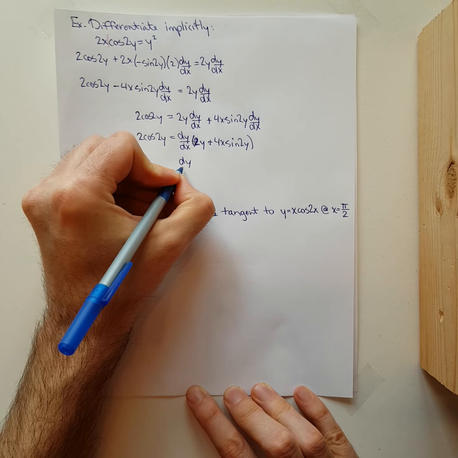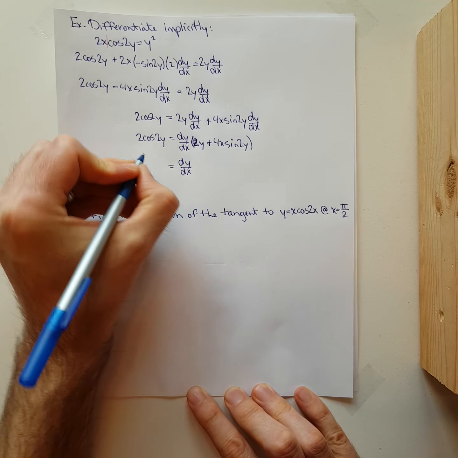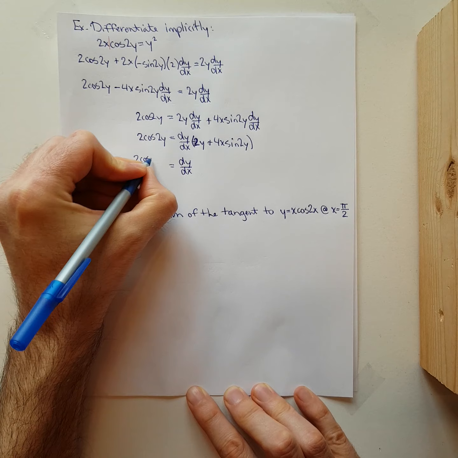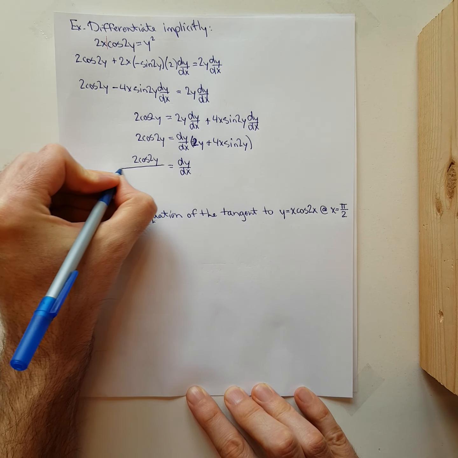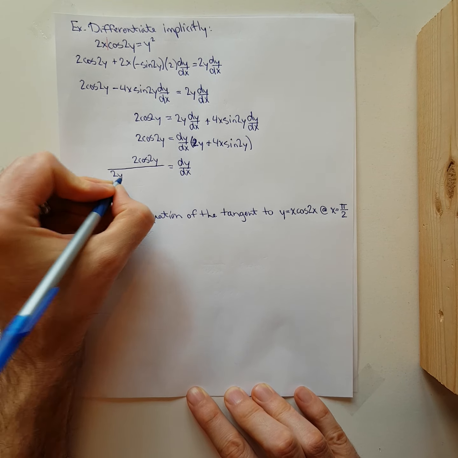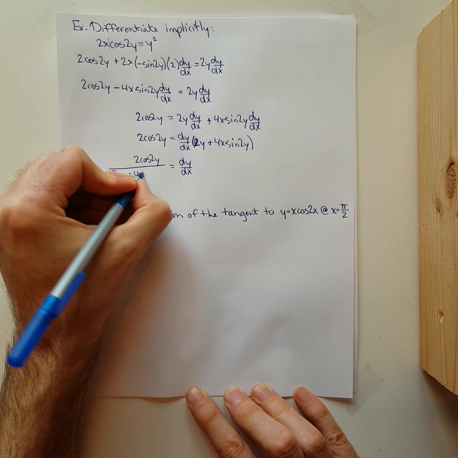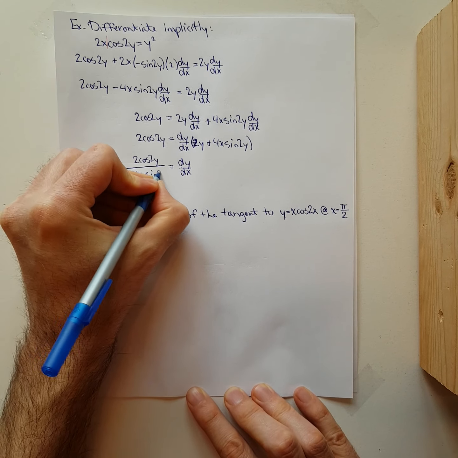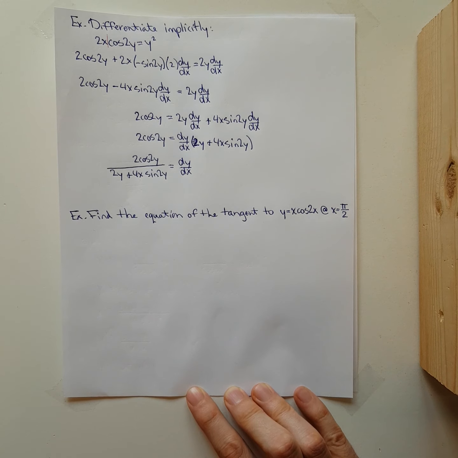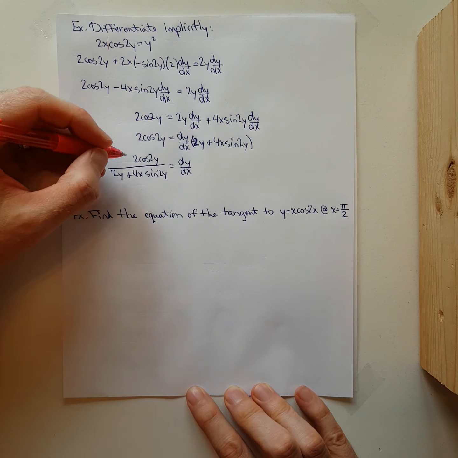Lastly, we can divide that out so that dy by dx is equal to 2 cos 2y all over 2y plus 4x sine 2y. And then our last step, this will actually simplify.